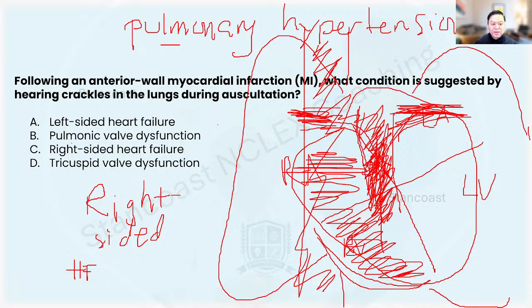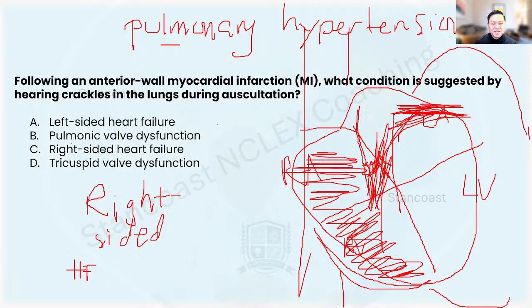Okay, remember, it will now congest the vena cava, and the manifestations there will be mostly edema. It could be jugular venous distension, or it could lead to portal hypertension, which will affect the liver as well. It can lead to enlargement of the liver and also the nearby organs in the abdomen, and also it can lead to peripheral edema. So most of the time you're going to be seeing a lot of weight gain.